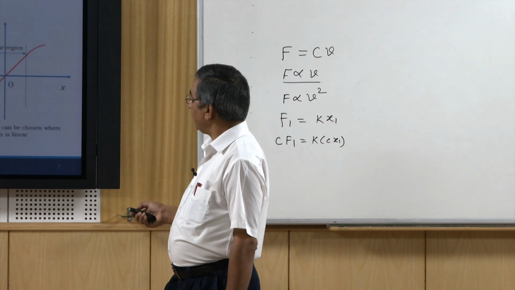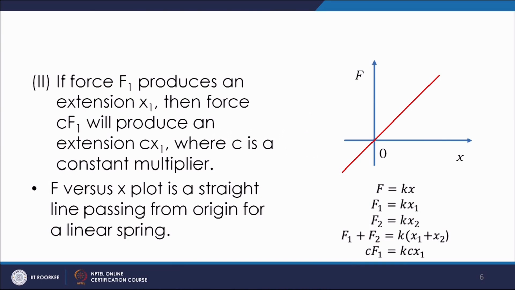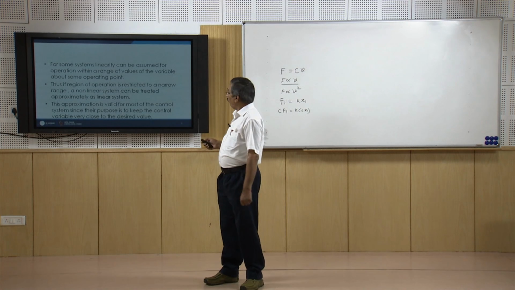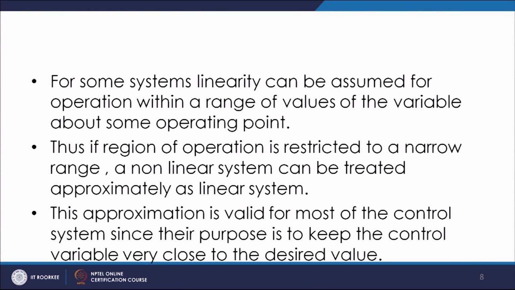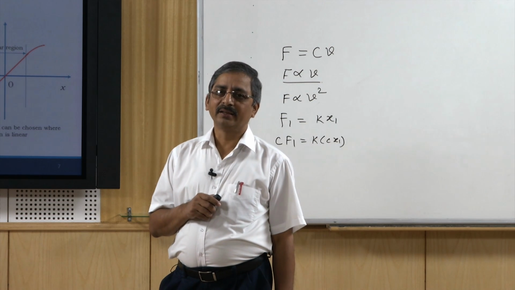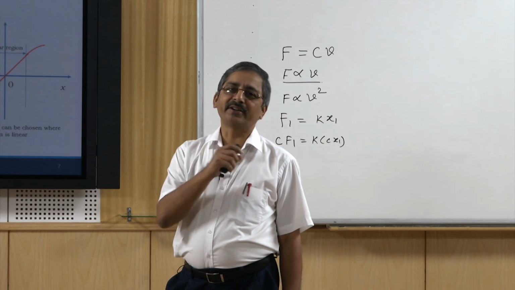Now, as I said in this figure, if we assume that the spring operates in the central zone, then the linearity approximation is going to be valid. For some systems, linearity can be assumed for operation within a range of values of the variable about some operating point. In this case we assumed linearity in the central region, but it is not always necessary that things be linear in the central region only.